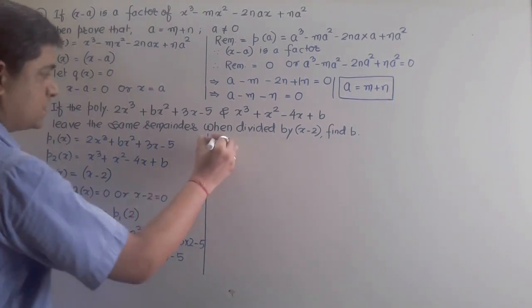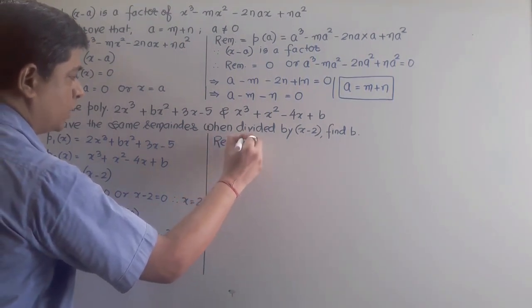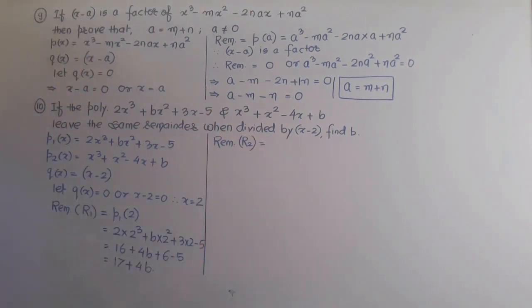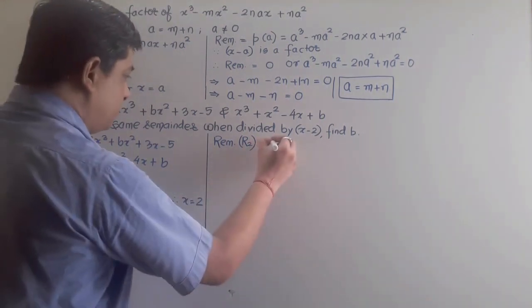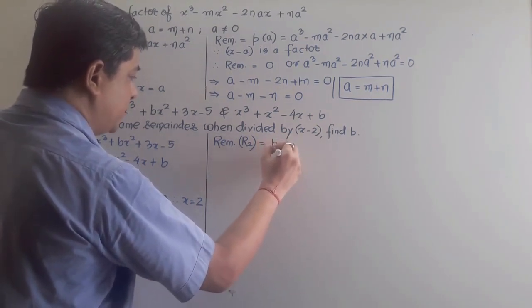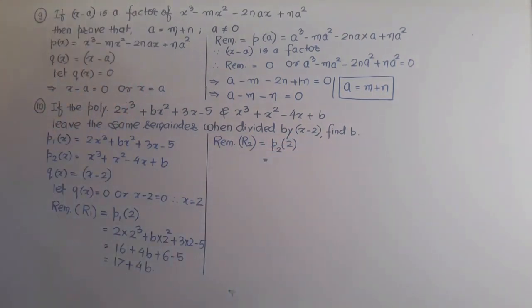Now let us similarly find out the remainder R2. To find R2, when I am dividing P2 by Q, this value of x equal to 2, I will keep in P2. So this will be P2(2), putting the value of x equal to 2.